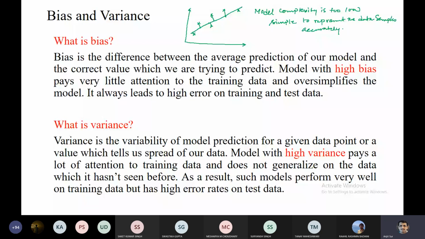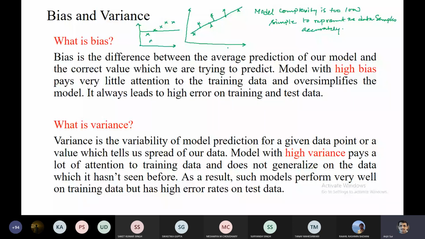Okay. So if this is the data point, and if this is your prediction, then this is a somewhat bad prediction. So what is bias? The difference between the average prediction and the actual value. So this is something average. The average prediction is very bad, so this difference is high.